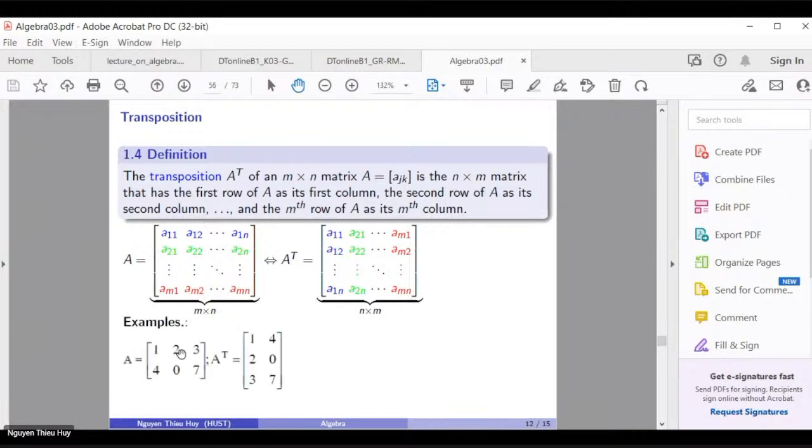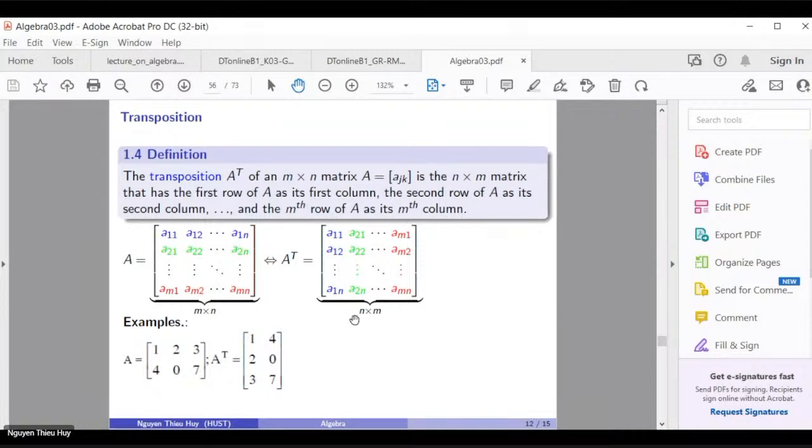And you can see an example so that it's easier. You have 1, 2, 3 and 4, 0, 7. You just write 1, 2, 3 as a column, and 4, 0, 7 as another column. By definition, each column of AT is correspondingly a row of A. So you just write rows of A as columns.